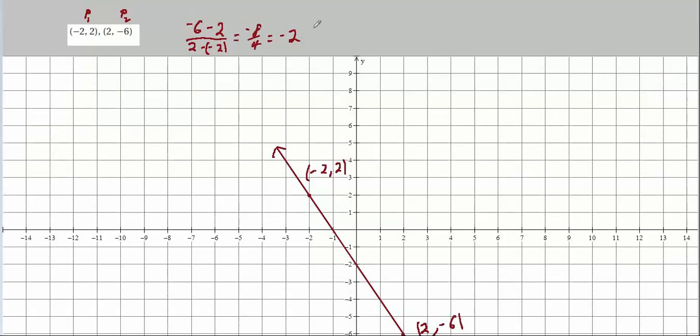That means that as we go 1 unit to the right, we drop down 2 units. Or you could say we drop down 2 units as we go 1 unit to the right.